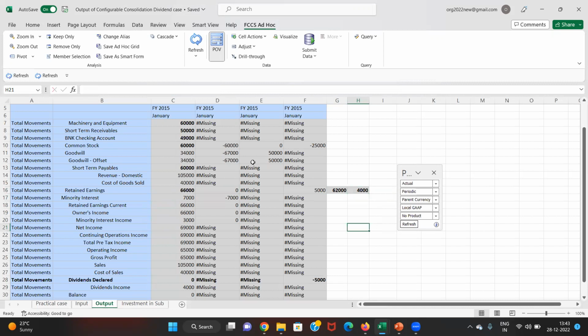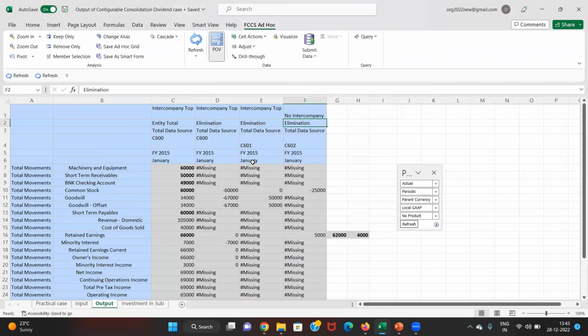So it is not rolling up the dividend declared account when we are running the consolidation at the consolidated entity level. And we can also see what it is doing if we take the dimension of consolidation as elimination for C602. C602 is the entity which has declared the dividend.